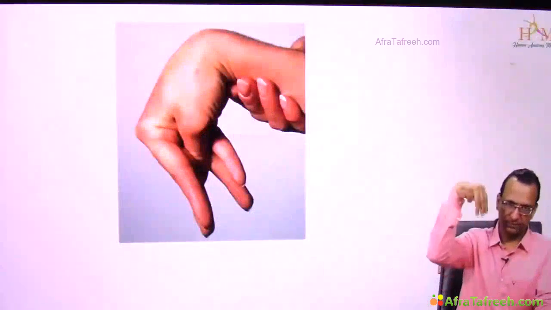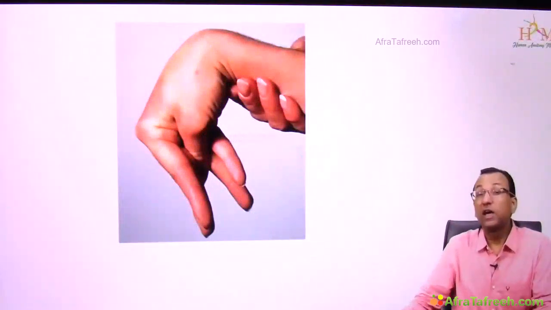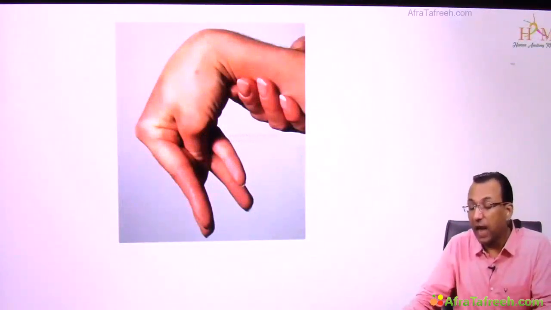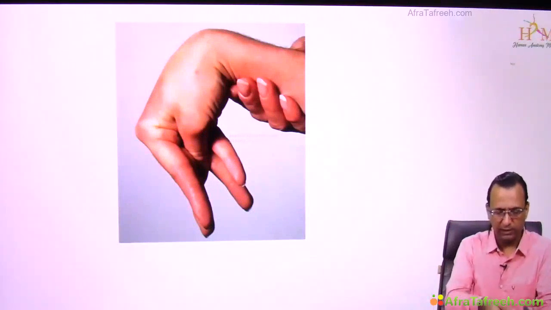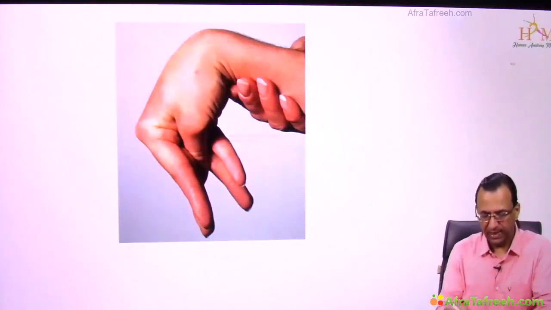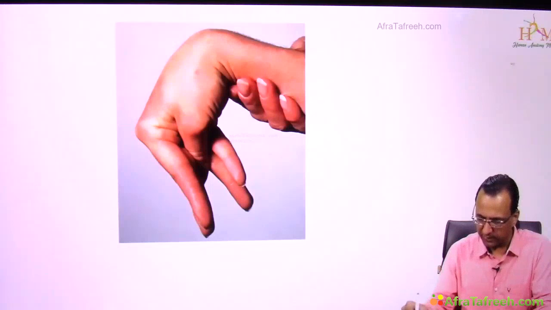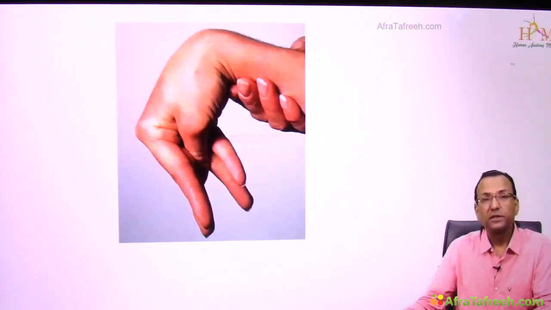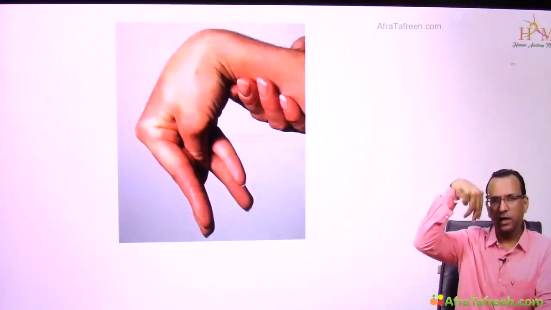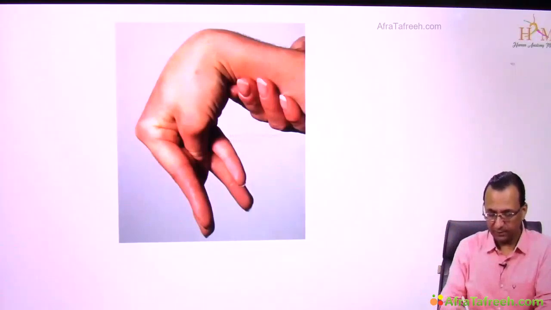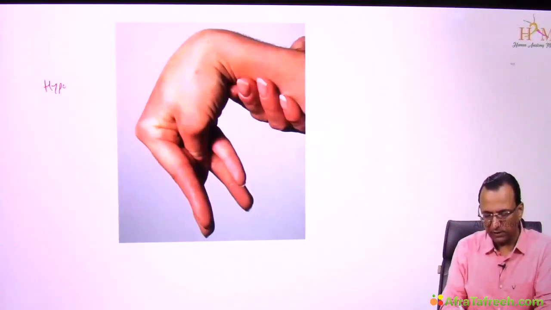The baby can also die because of hypocalcemia. You know this sign? This is hypocalcemia. But why hypocalcemia in DiGeorge syndrome? This is a sign of hypocalcemic tetany, tetanic spasm.